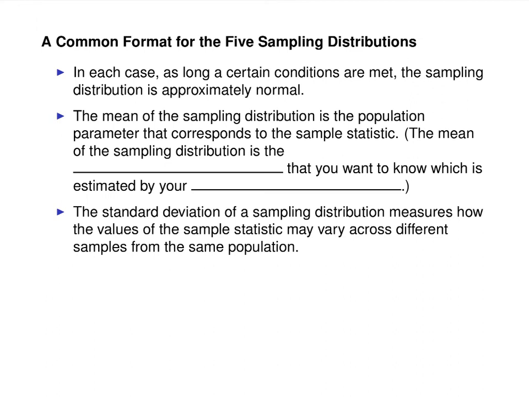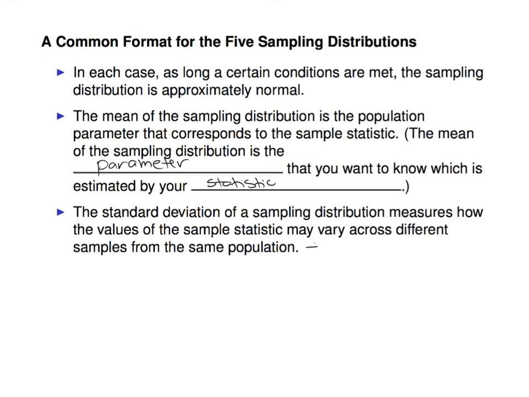So the mean of the sampling distribution is the parameter that you want to know, which is estimated by your statistic. And the standard deviation of a sampling distribution measures how the values of the sample statistic may vary across different samples from the same population.